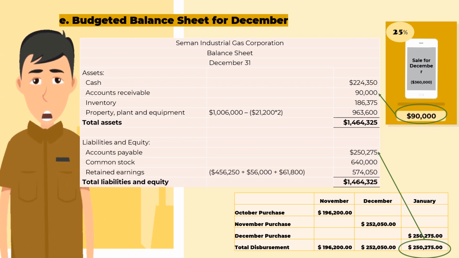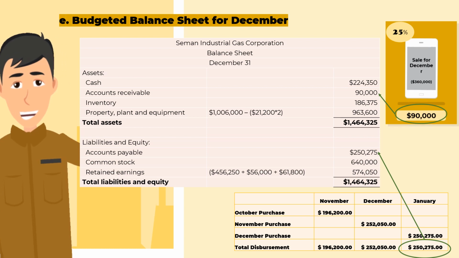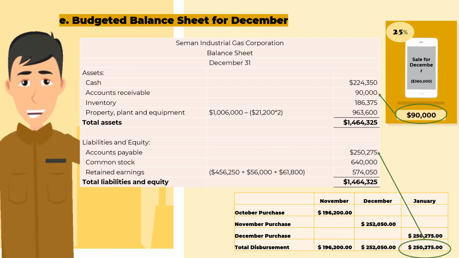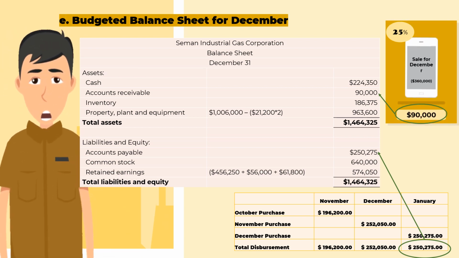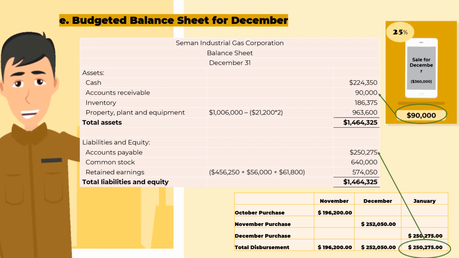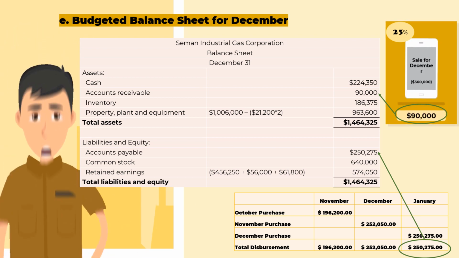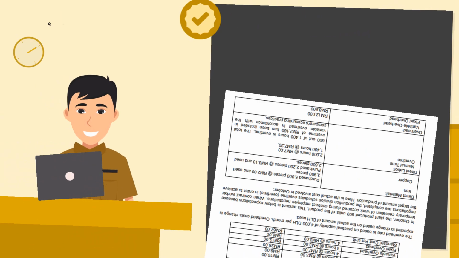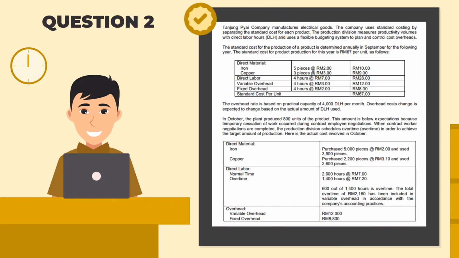So we will get $574,050. So total up all the liabilities and equity, we will get $1,464,325.